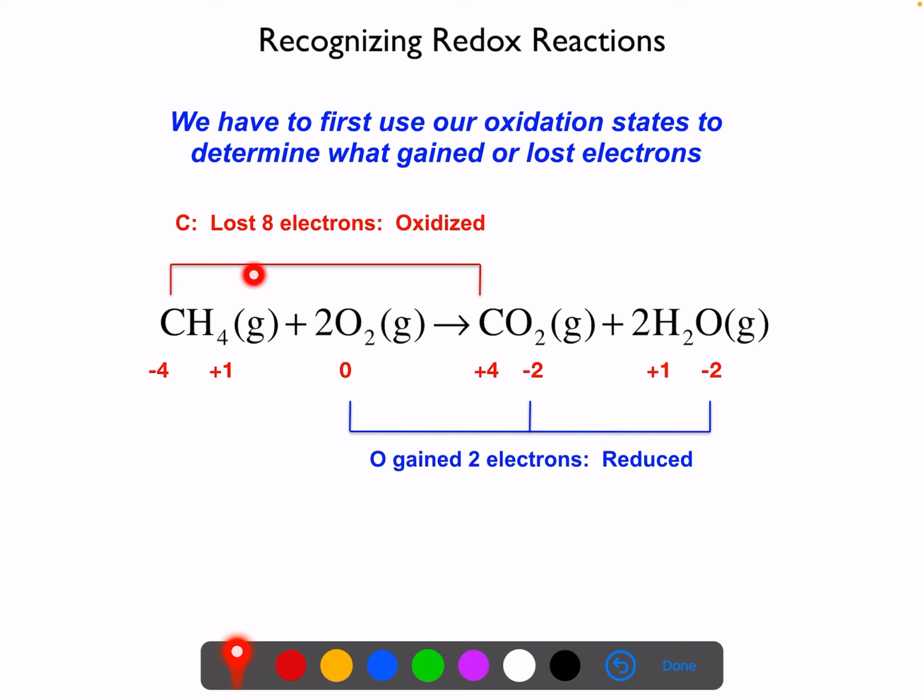Oxygen went from 0 to -2, so each oxygen gained 2 electrons. So 1 carbon and 4 oxygens are undergoing change, for a total of 8 electrons transferred.